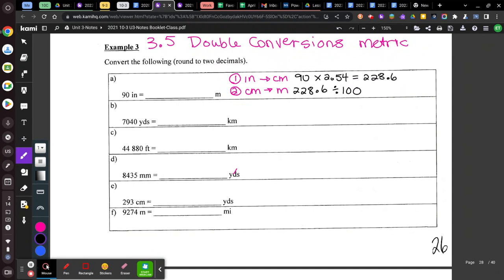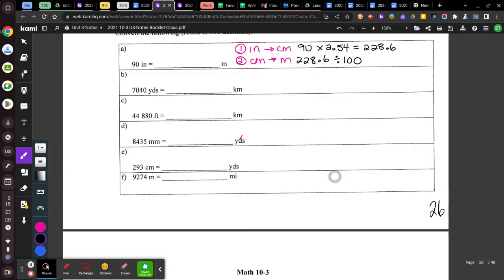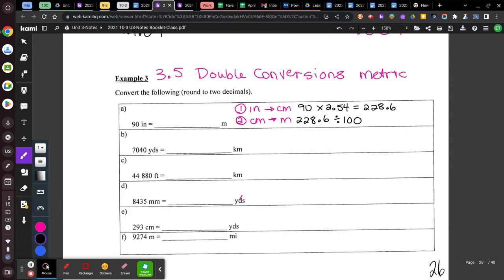The number 2.54 came from our chart, and then we take the number we got from step 1, and now we're converting in the metric system. So in our metric system, we're going from centimeters to meters, 2 steps. That's where I get the 2 zeros from. The reason we're dividing is because I'm going up the stairs, not down the stairs. So we're dividing by 100, and that's going to give me my answer.